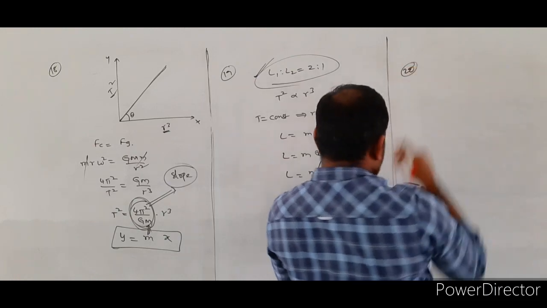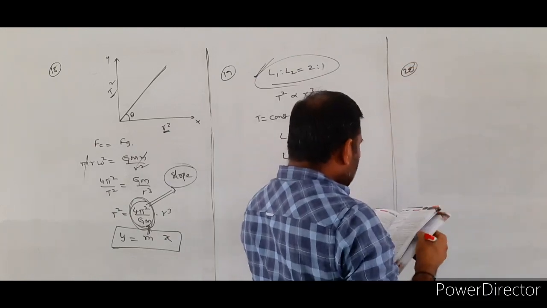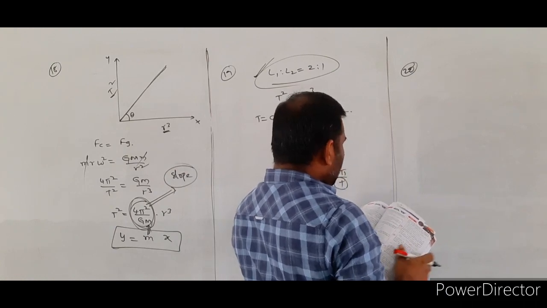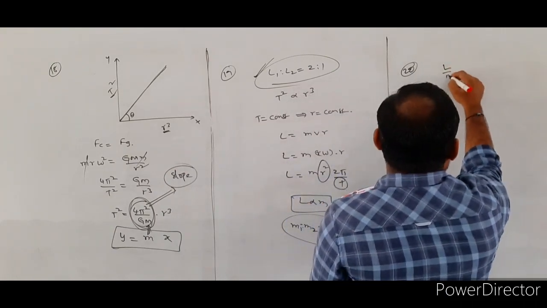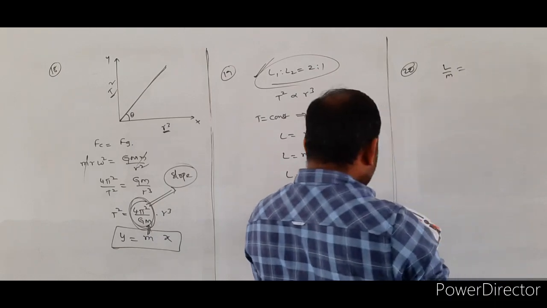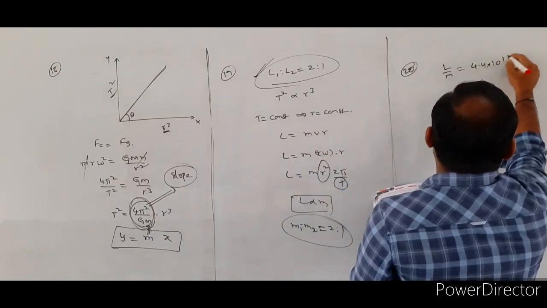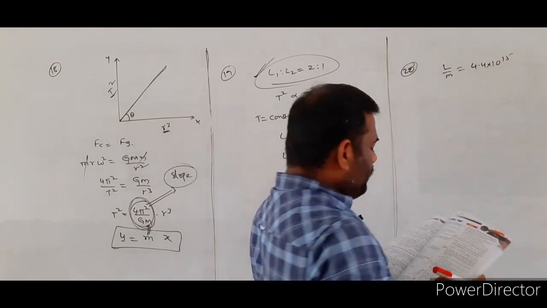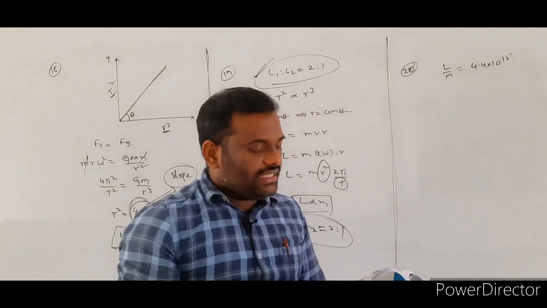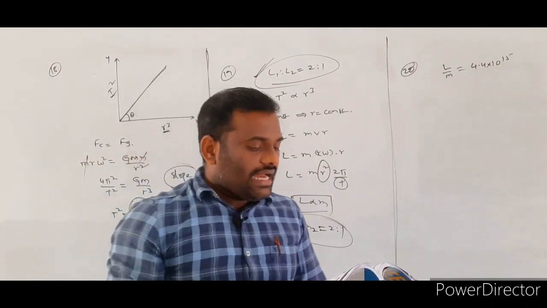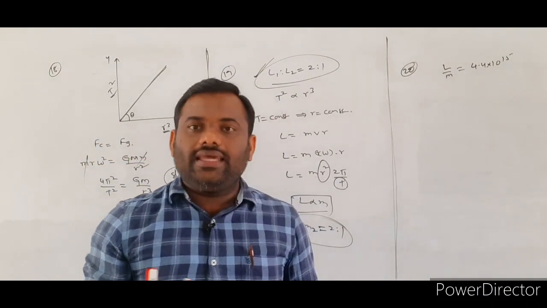They gave the ratio of angular momentum to mass, L by m, equal to 4.4 × 10^15. They are asking for the area enclosed by the Earth's orbit approximately.